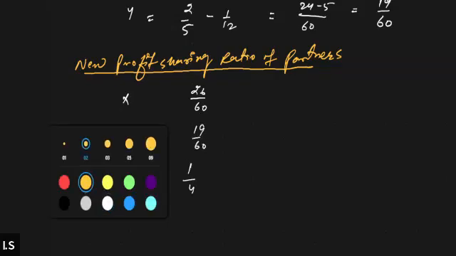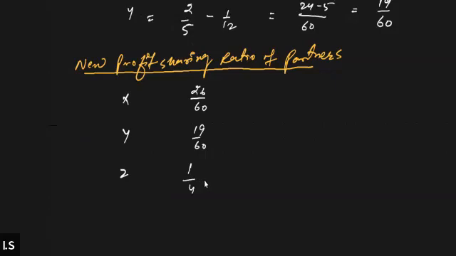So to equalize the base, we need to multiply the denominator of Z's share by 15, and multiply the numerator by 15 as well. So we will then be able to find the new profit sharing ratio. This will be 26 upon 60, this will be 19 upon 60, and it will be 15 upon 60.